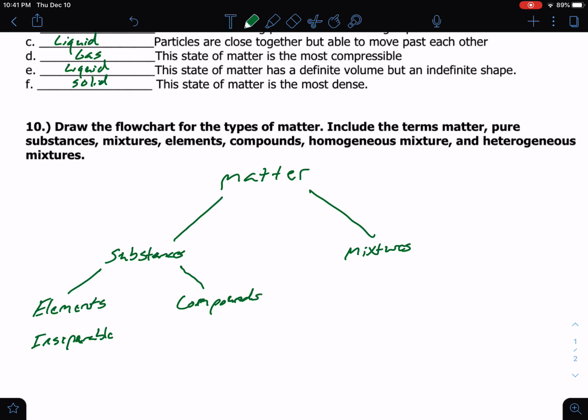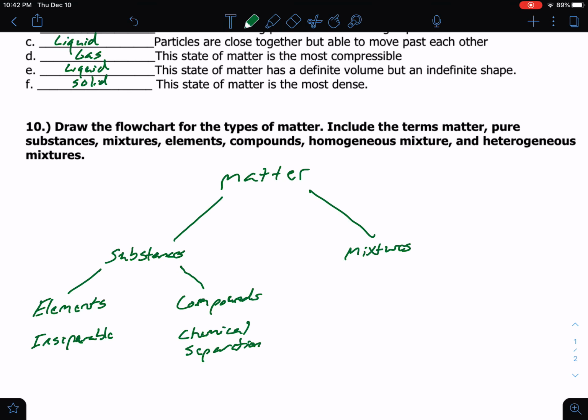Compounds would be something like H2O, CO2, and this would take more of a chemical separation. So it can be separated, but through a chemical reaction.